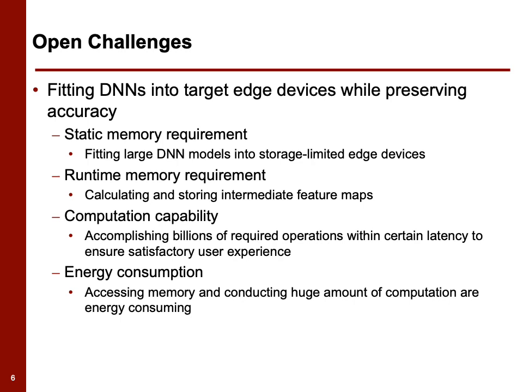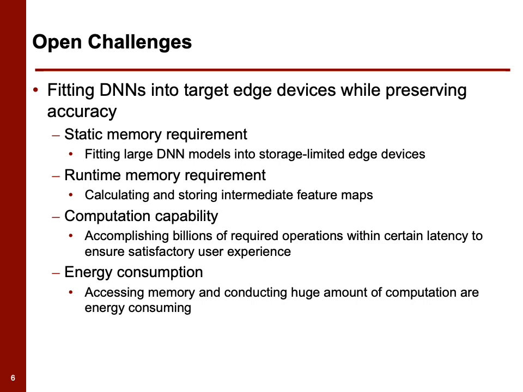Thirdly is the computation capability, since we need to accomplish billions of operations within certain latency to ensure satisfactory user experience. And finally is the energy consumption, because accessing memory and conducting huge amount of computation are energy consuming, which poses a big threat on battery-powered devices.